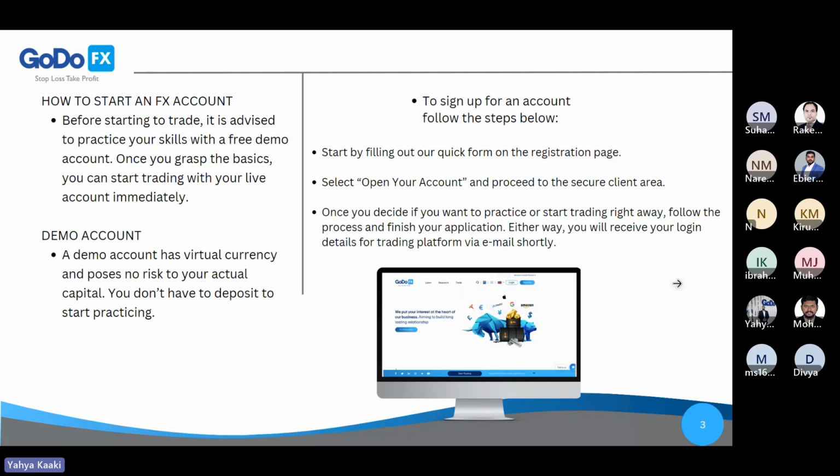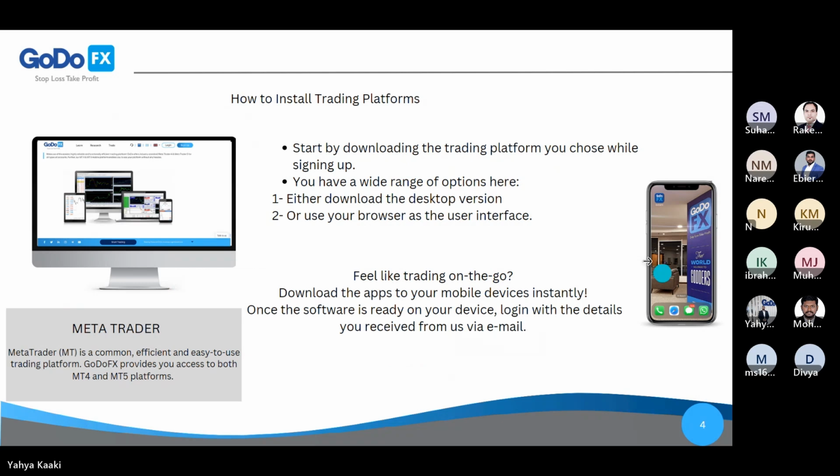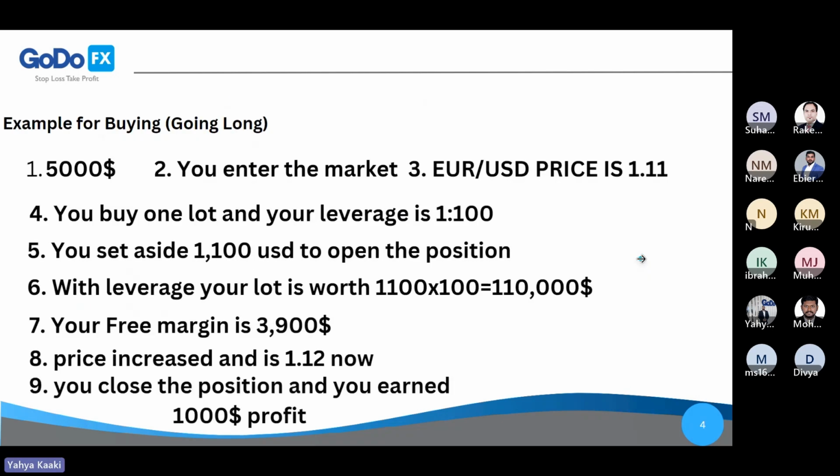As you predicted, the price increased and Euro USD is now 1.12. Since you predicted a buy position as a trader, and it was 1.11, and the market went up to 1.12, now you're in profit.